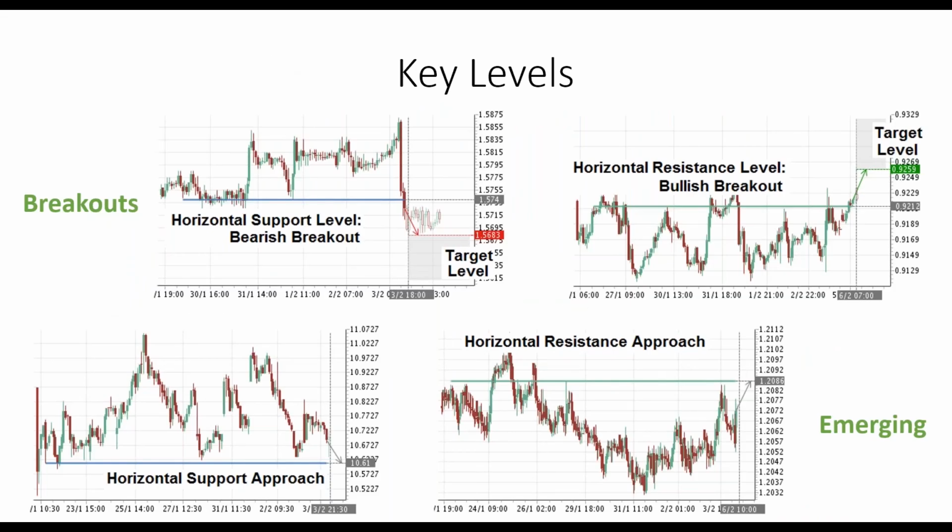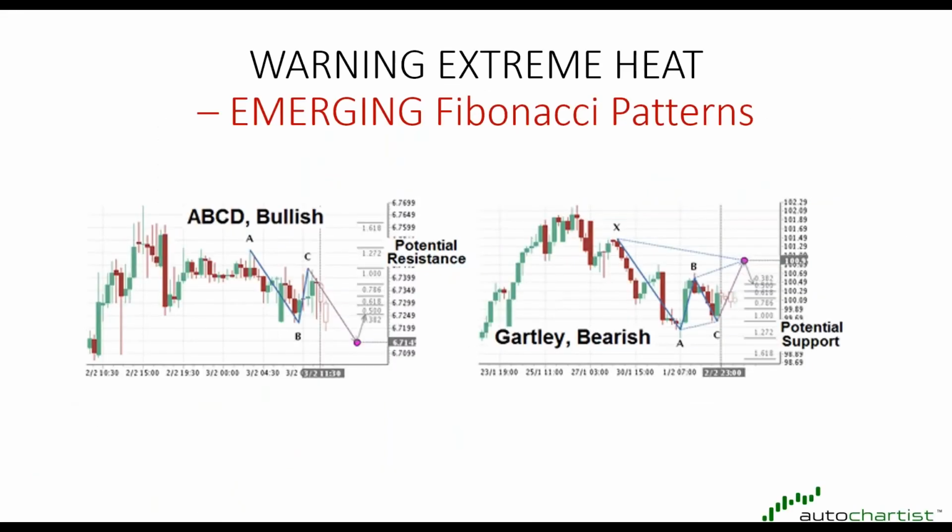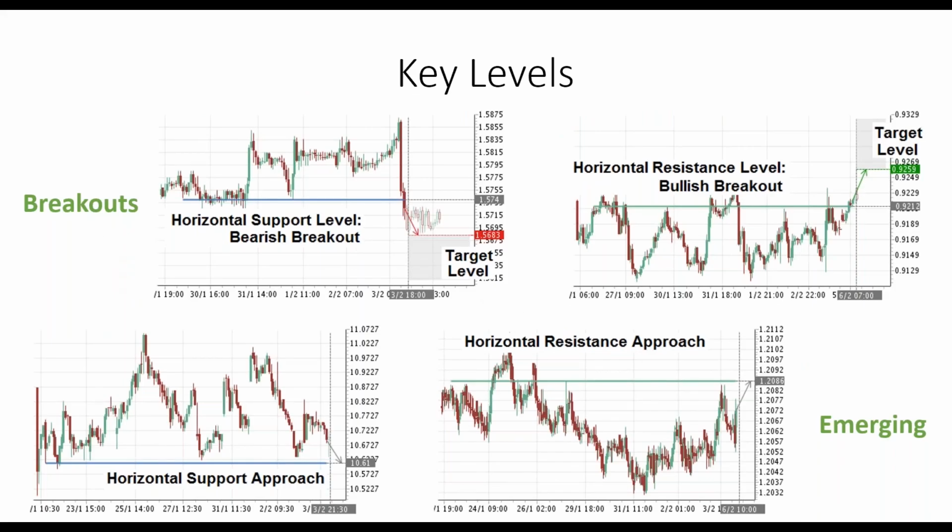So now that we have looked at these complex Fibonacci patterns, I'm not scared to put a lot of graphs on your screen for the last type of trading pattern that we identify in the market, and these are what we call key levels.